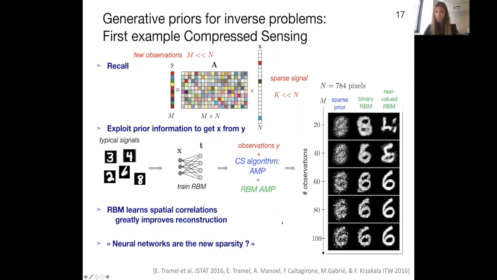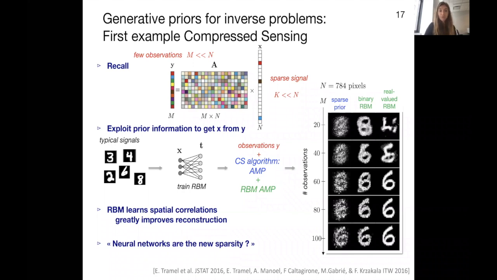I have a quick question. It seems that if you go from 20 to 40 to 60 observations, the sparse prior doesn't look great for any of them, and the 6 begins to emerge out of what clearly is not yet a very good solution, but the RBM seems to be completely wrong and then suddenly right.